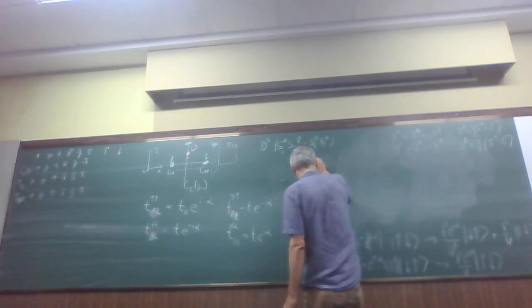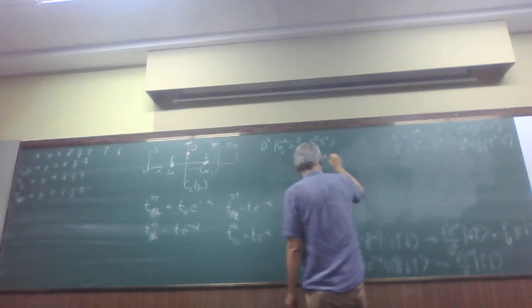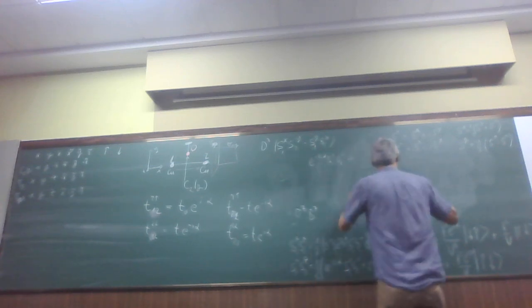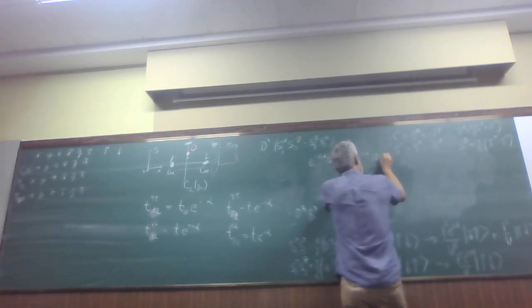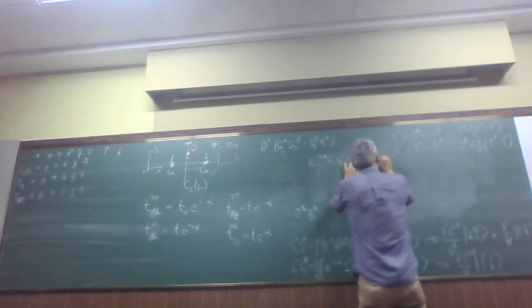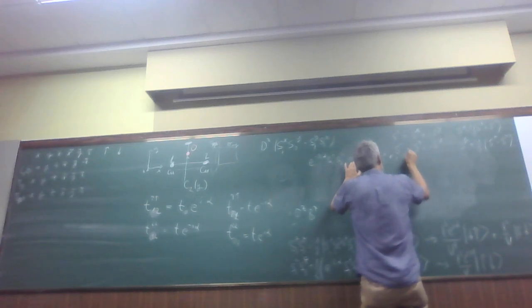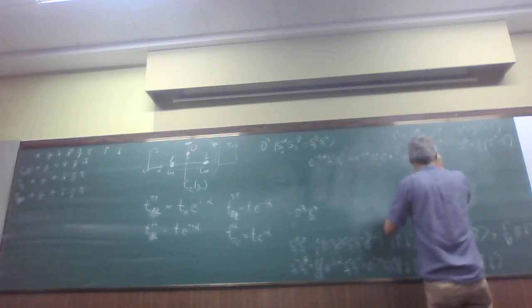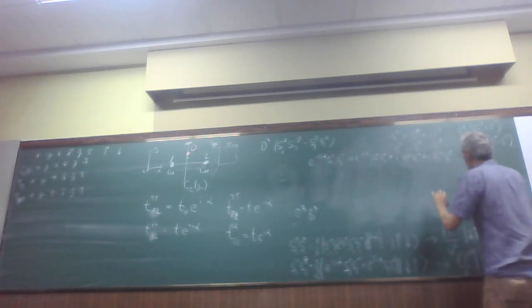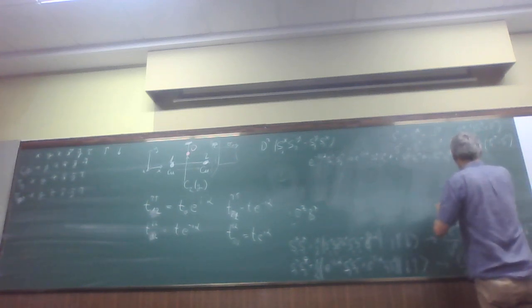So e to the minus 2i alpha S1 plus S2 minus will become e to the minus 2i alpha times S1x S2x plus i times S1y S2x, minus i times S1x S2y, plus S1y S2y.